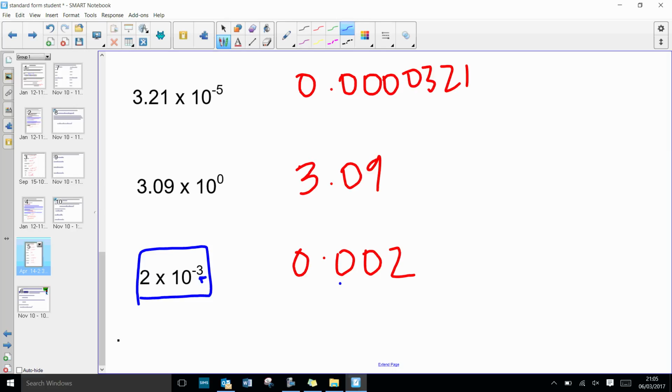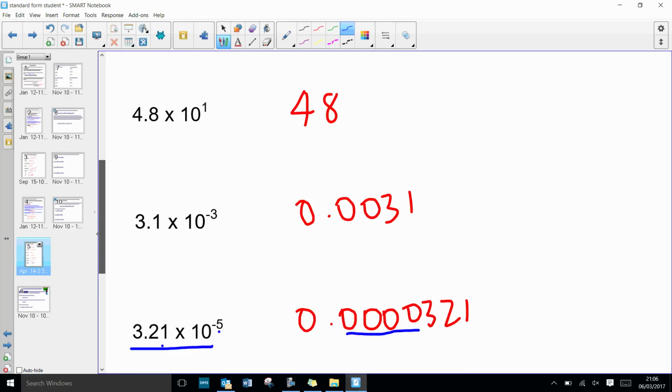You will always have 1 fewer 0 than you do the power. So because this is the power negative 3, we had 2 zeros before this number 2. Let's look at this as another example. We have to the negative 5. So that means that we would have 4 zeros before our number 3, 2, 1. Okay, it's just something that may help you.